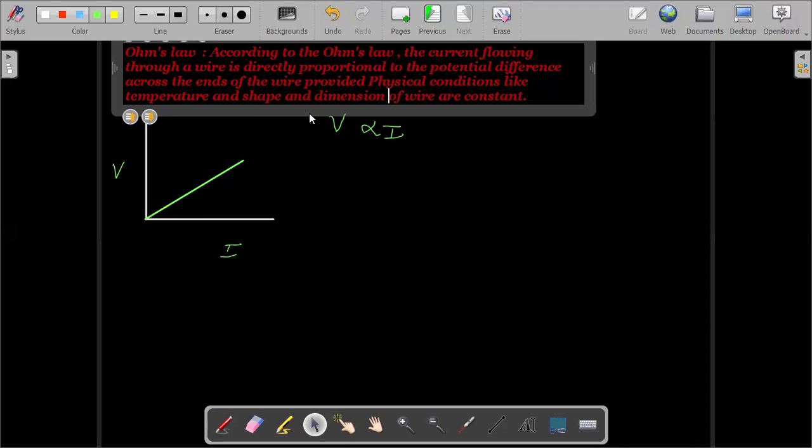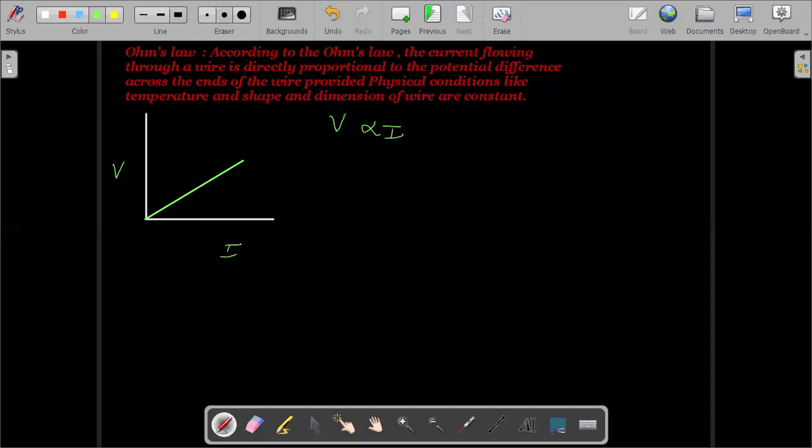Now let's try to understand it like this also. You have a wire here and the ends of the wire are connected like this. This is the positive terminal, this the negative terminal.